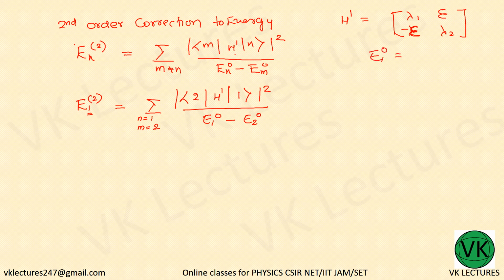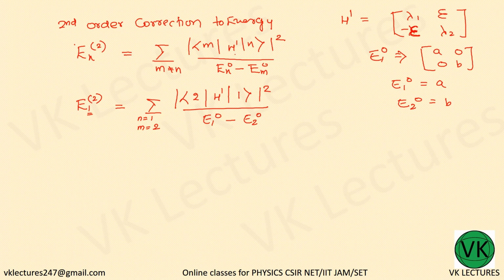E1 naught is the eigenvalue corresponding to the unperturbed Hamiltonian, that is A 0 0 B. So E1 naught equals A, E2 naught equals B. These eigenvalues are nothing but the unperturbed energies.